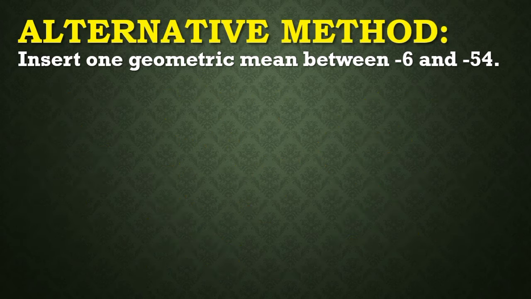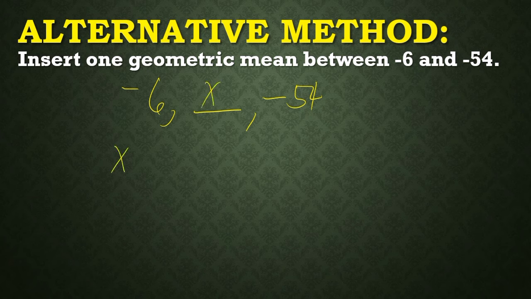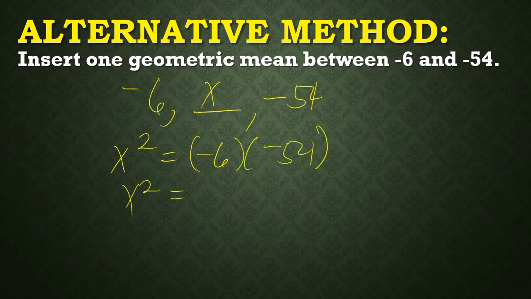Okay. So, using the alternative method, negative 6, blank, negative 54. So, kukunin natin dito kung tama ba na 18 or negative 18 yung geometric mean. So, tapos x squared is equal to the product of negative 6 and negative 54, that is 324.